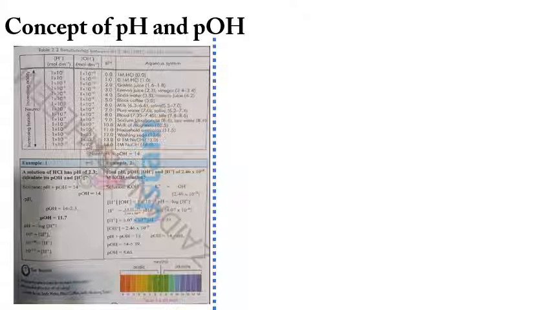Now this table is given for pH and pOH. If a 1 molar HCl solution is given, 1 molar means molarity. This will have pH 0 and OH ion concentration will be 1 into 10 power minus 14, and H plus ion concentration will be 10 power 0.